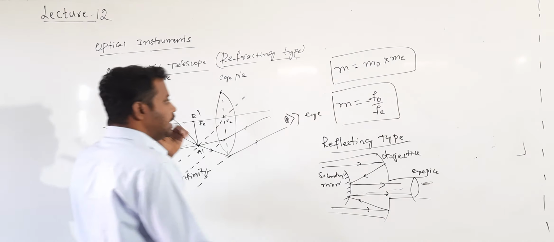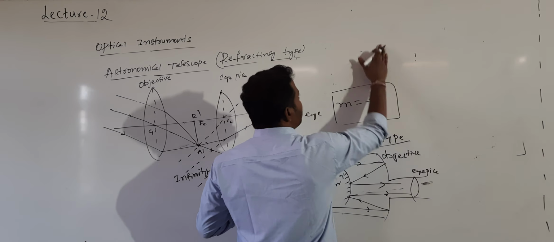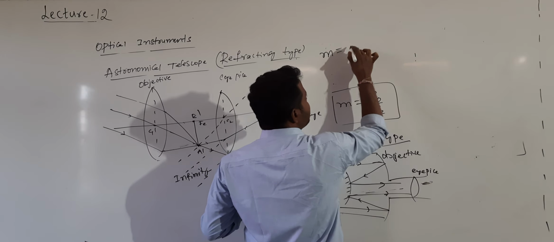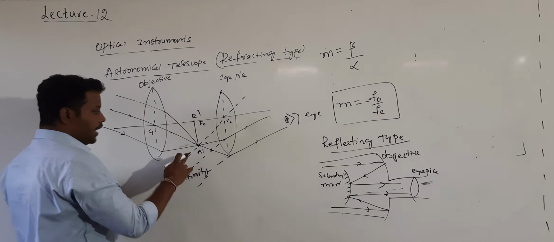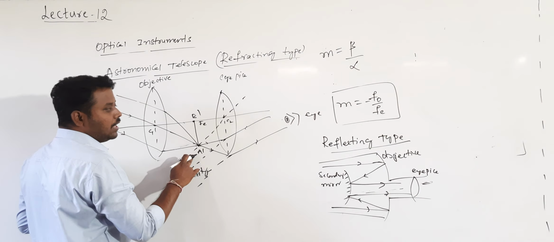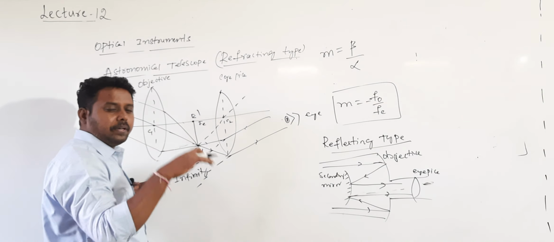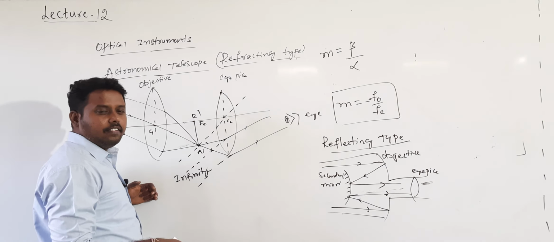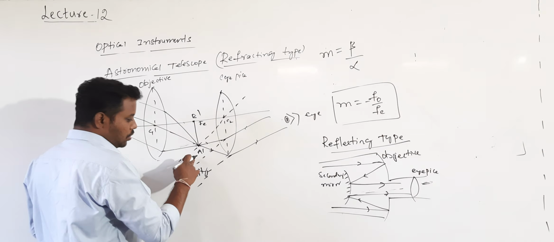Actually, here we can also write, instead of this formula, magnifying power is the ratio between the angle subtended by the image to the angle subtended by the object, when both are at infinity. Now you see, the image is there.